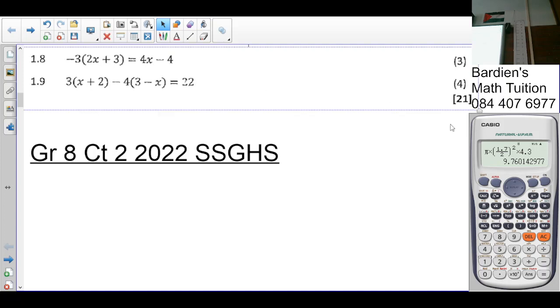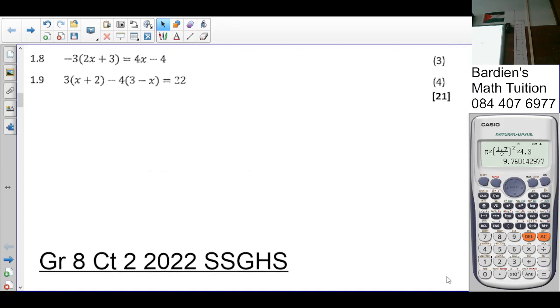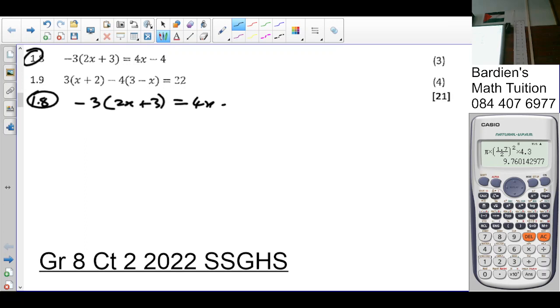In 1.8, here we've got the case of brackets. So we've got negative 3 into 2x plus 3, minus 4. First we get rid of the brackets, so it's going to give you negative 6x minus 9. Many of you wrote plus 9. Is equal to 4x minus 4.